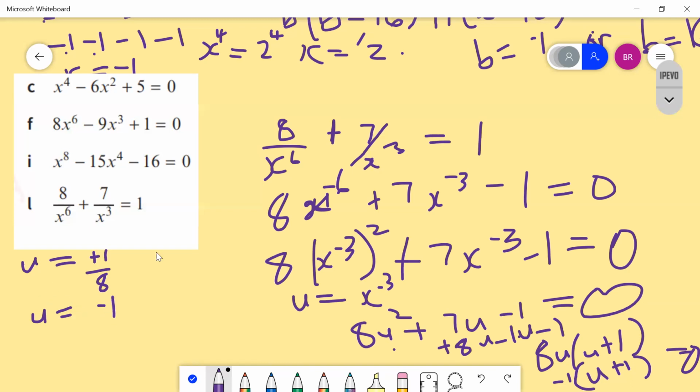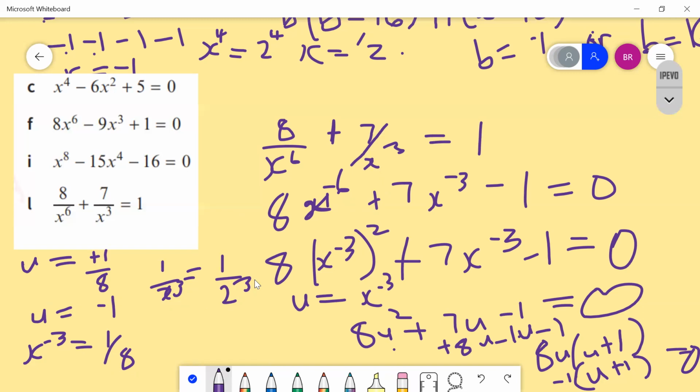Now, given that u is x to the power of minus 3, I'm going to say x to the power of minus 3 is equal to 1 over 8. In other words, we are saying 1 out of x to the power of 3 is the same as 1 out of 8, which we can write as 1 over 2 to the power of 3, like that.